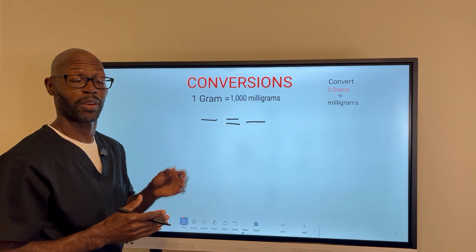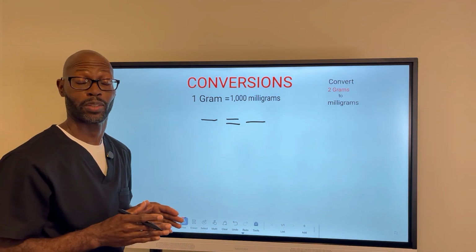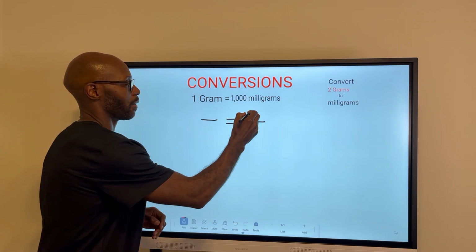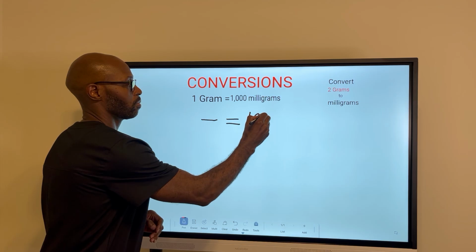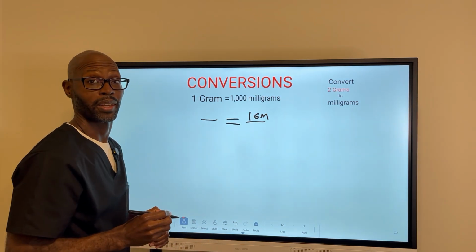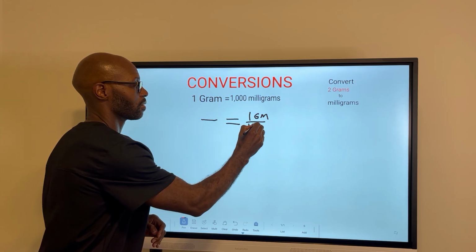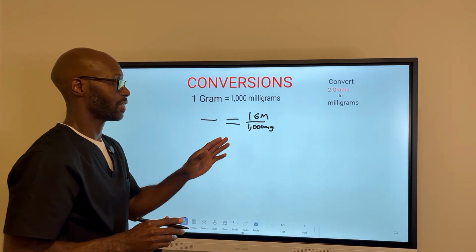This is the main one we use, converting grams to milligrams. So we start by writing 1 gram, and we're abbreviating also, over 1,000 milligrams. This is how we start off.